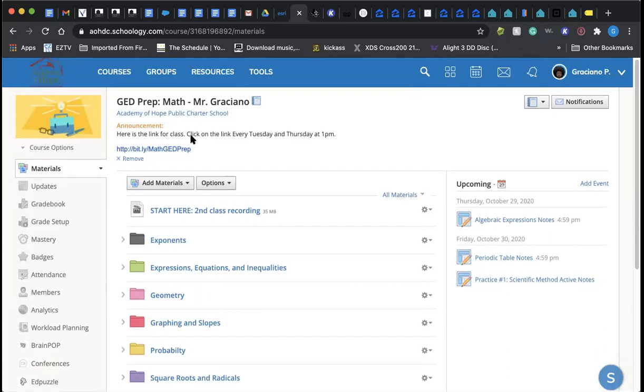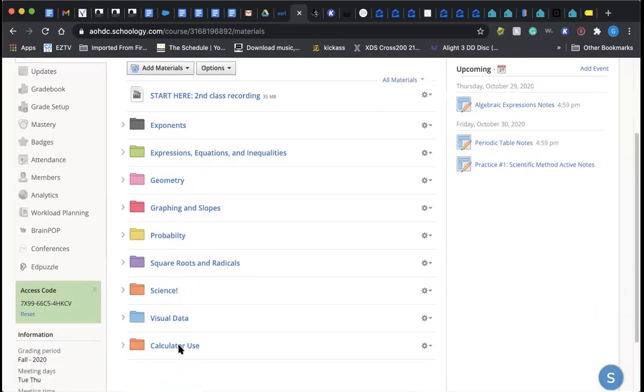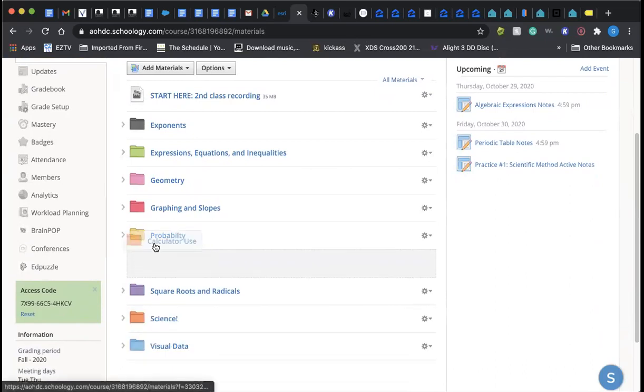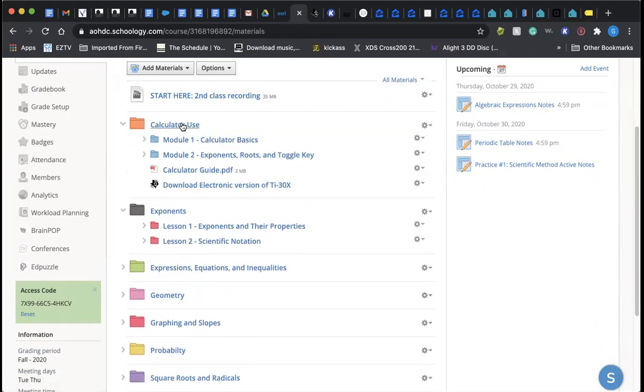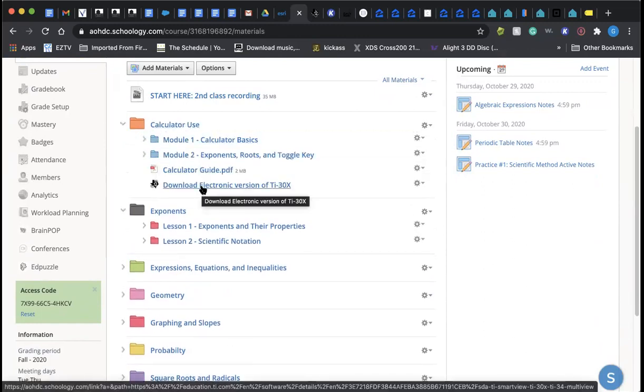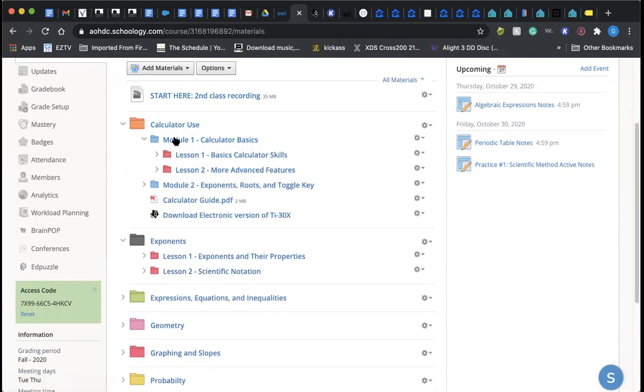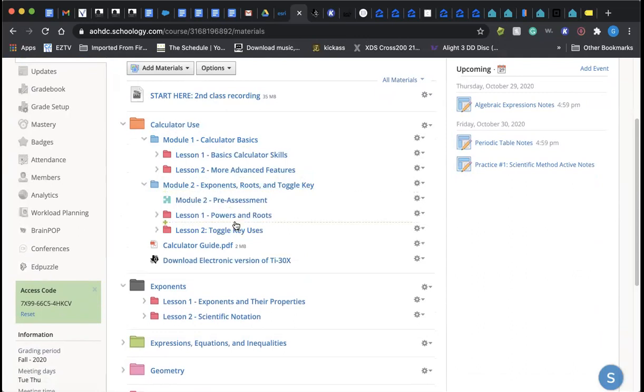All right, so in the GED Prep Math course, I did add the calculator use folder, and I'll just put it at the top here, because I have everything in alphabetical order. In the calculator use folder, it has that link that I just added to the chat to download the electronic version of the calculator. And it also has some basic information on how to use your calculator, and then how to do more advanced things, like how to use exponents and roots, because those are the kind of things that will save you a lot of time.